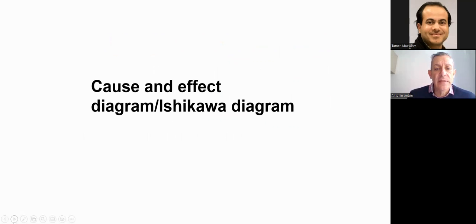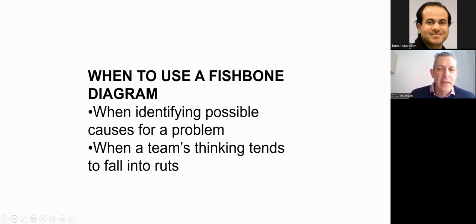Ishikawa said, well, perhaps if you study quality, you know it. The term that they use for this strategy is the fishbone diagram. So this is a fishbone diagram, and it tries to identify possible causes for a problem.